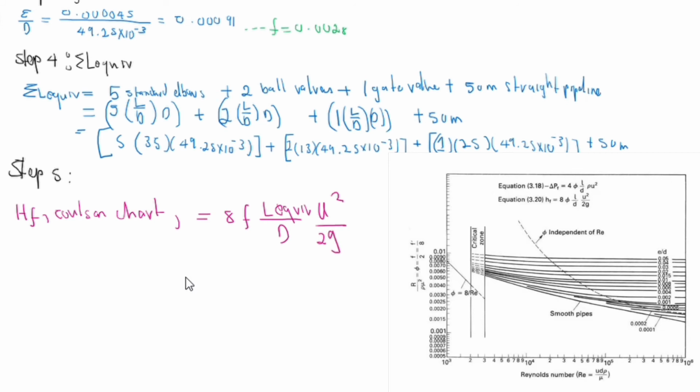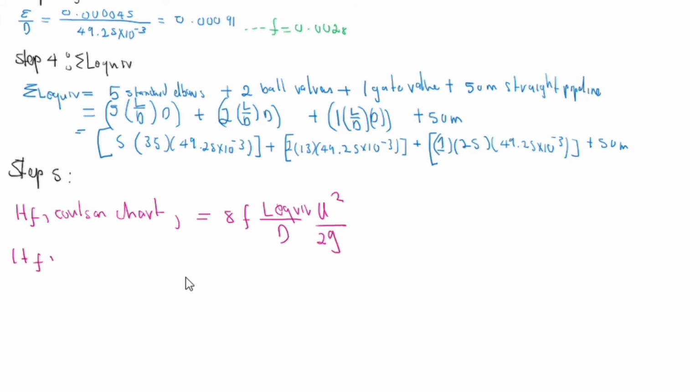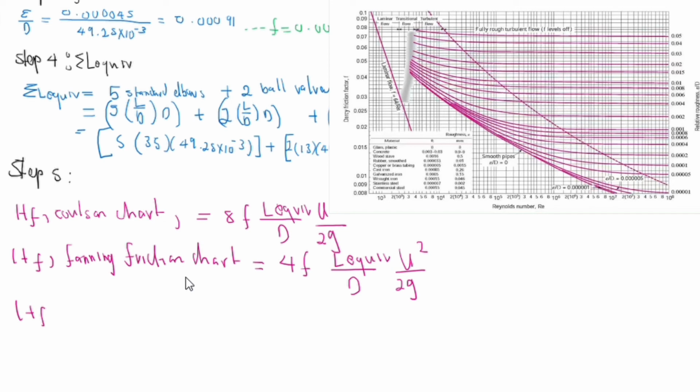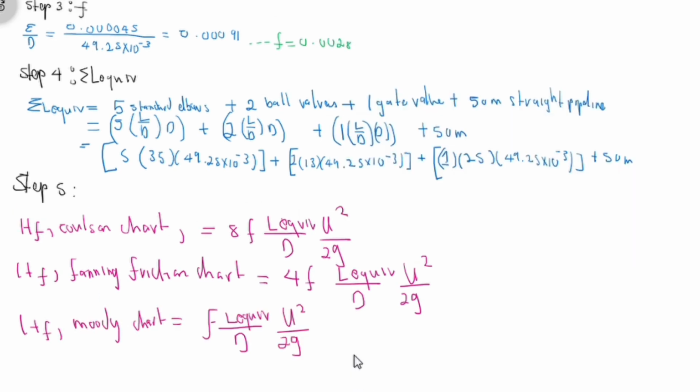If you read your friction factor from the Fanning friction chart, then you would use this equation to calculate the friction loss. And if you read your friction factor from the Moody chart, you would use this equation here. Since we used the Colebrook chart, we'll use this equation.